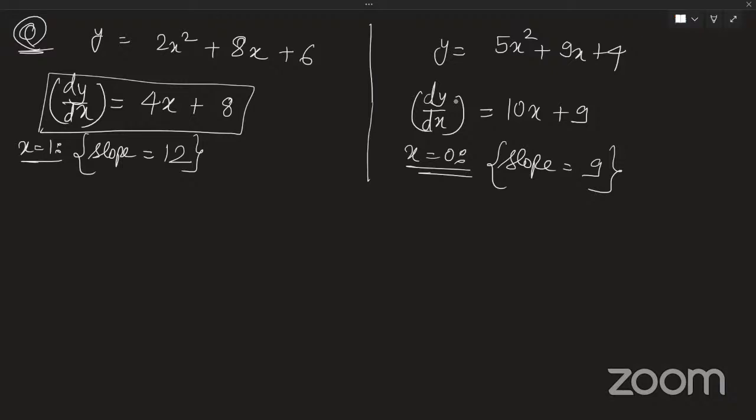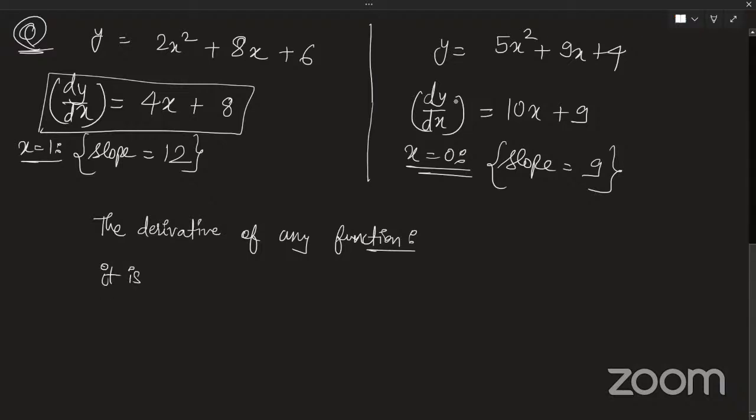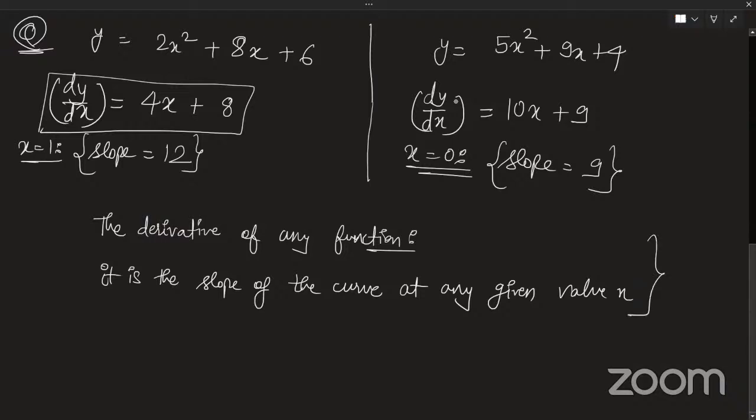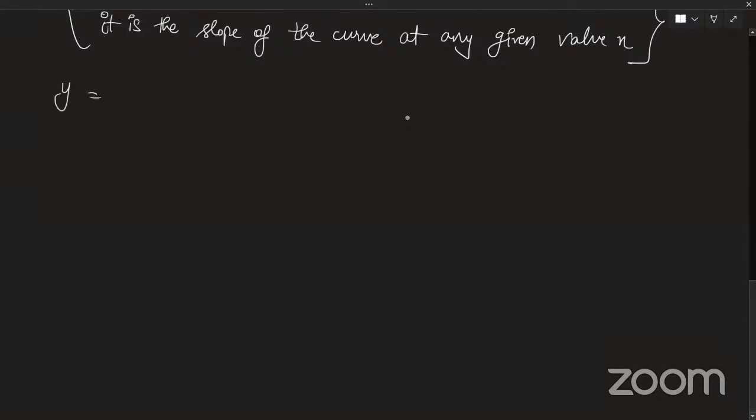See, the derivative of any function is basically what? It is the slope of the curve at any given value of x. So basically, if I have any curve y is equal to f of x, I differentiate it, I get some function.